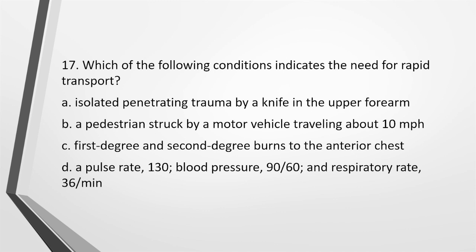17. Which of the following conditions indicates the need for rapid transport? A. Isolated penetrating trauma by a knife in the upper forearm. B. A pedestrian struck by a motor vehicle traveling about 10 miles per hour. C. First-degree and second-degree burns to the anterior chest. D. A pulse rate of 130, blood pressure of 90/60, and respiratory rate of 36/min.